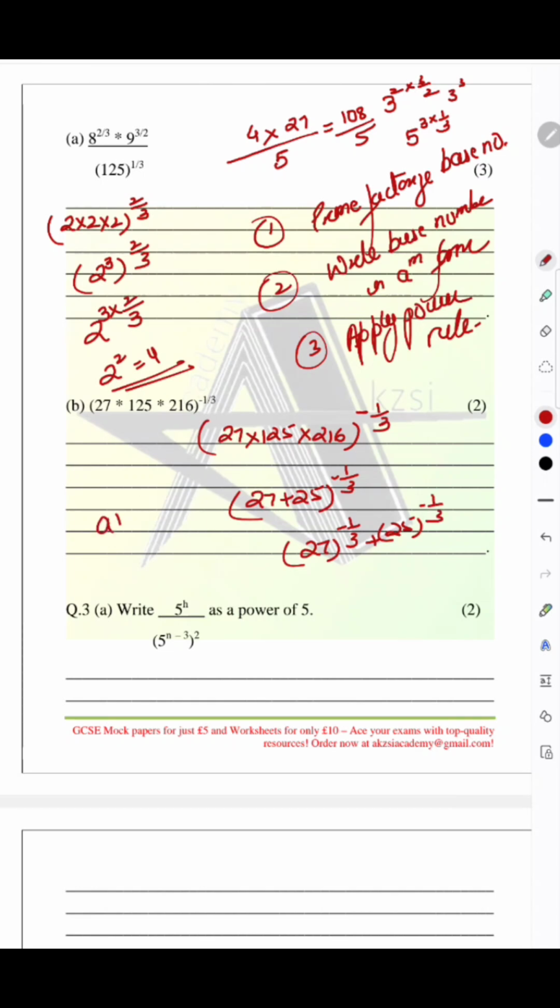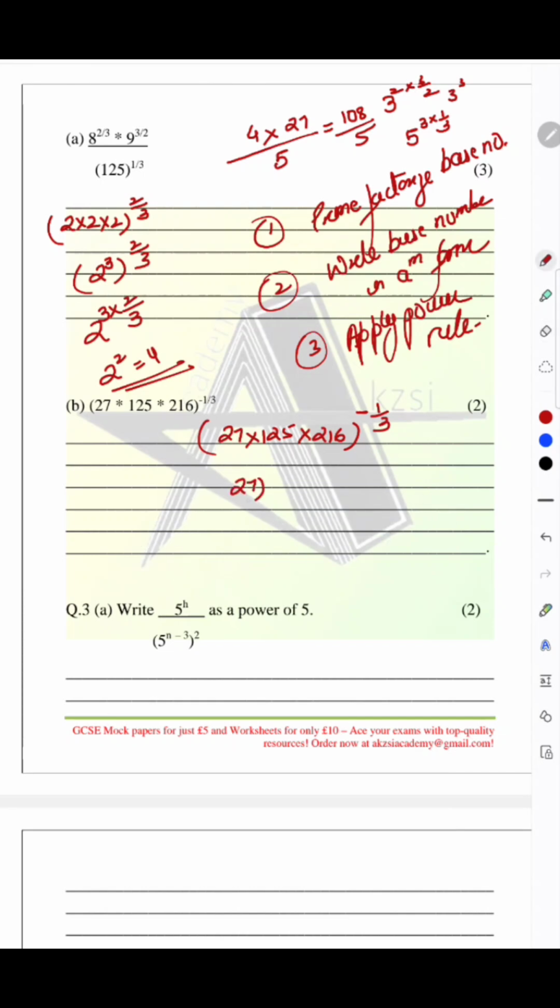Even I have seen when we do factorization, a plus b whole squared gets written as a squared plus b squared. No, it means a plus b times a plus b, and you have to expand it. So don't make that kind of mistake. This is only applicable in case of multiplication, or in case of division you can separate them out.